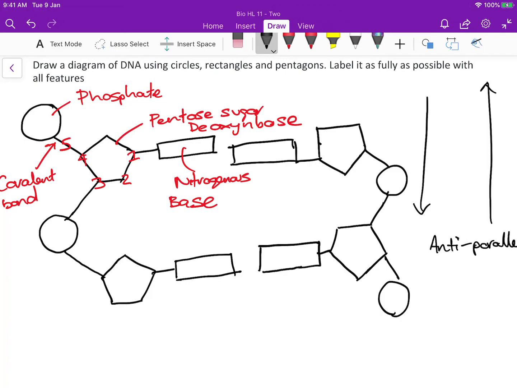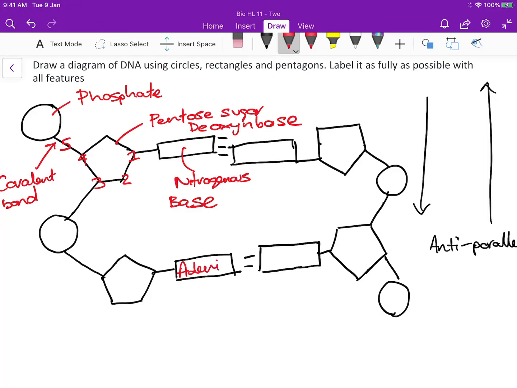And so now I've got two strands drawn and they can link. So they're anti-parallel. I've drawn them together. Now the final thing that we would want to add to this is the names of some of the bases.